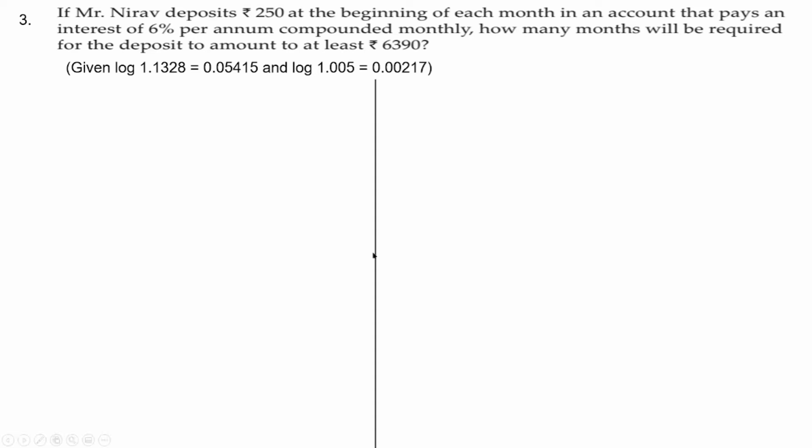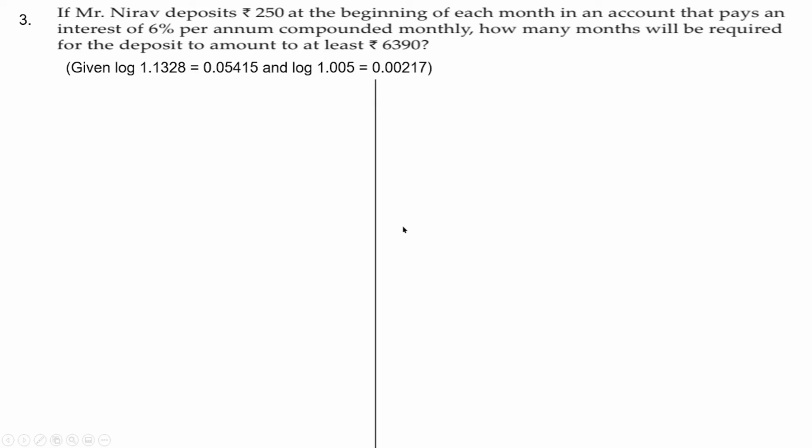Now moving on to the next question. If Mr. Nirav deposits rupees 250 at the beginning of each month in an account that pays an interest of 6% per annum compounded monthly, how many months will be required for the deposit to amount to at least rupees 6,390?